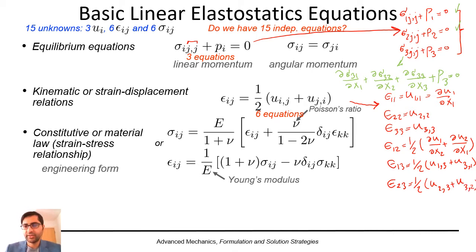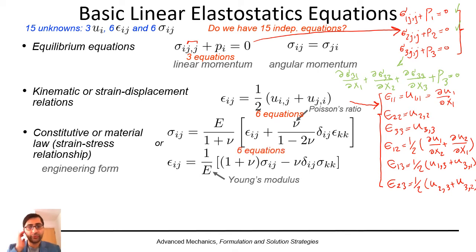Just pay attention that epsilon_32 is equal to epsilon_23, epsilon_31 is equal to epsilon_13, and epsilon_21 is equal to epsilon_12. So we get only 6 independent equations here.